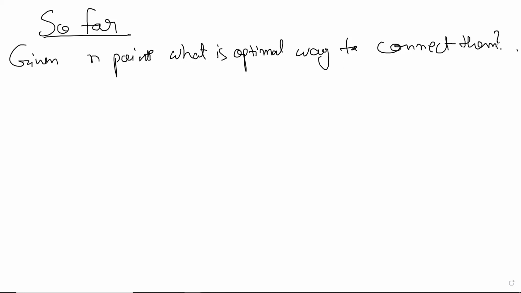What's the most optimal way to connect them? Let me quickly describe what I mean by connect them. Let's say we have 5 points. What do we mean by connecting these 5 points?